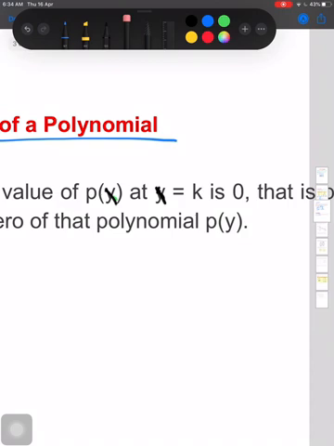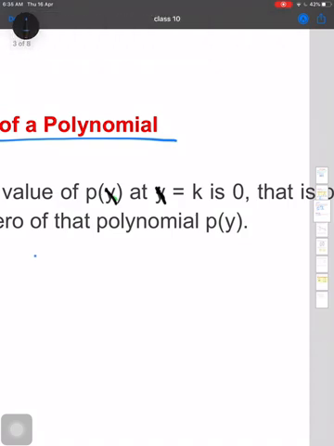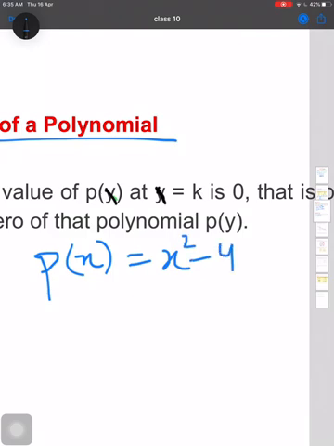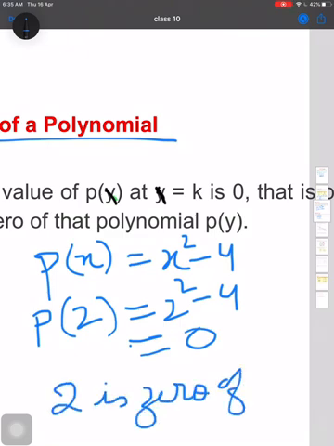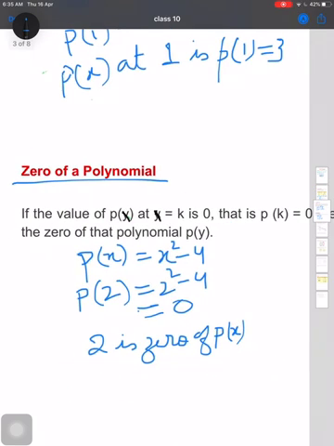These things you have done already in class 9, but still few students they have doubts. Suppose your p(x) is x square minus 4. Now if you find out the value of that at x equals to 2, so p(2) will be how much? 2 square minus 4, so it will be 0. So therefore we will say that 2 is zero of the polynomial p(x). So like this you can find out the zero of a polynomial.